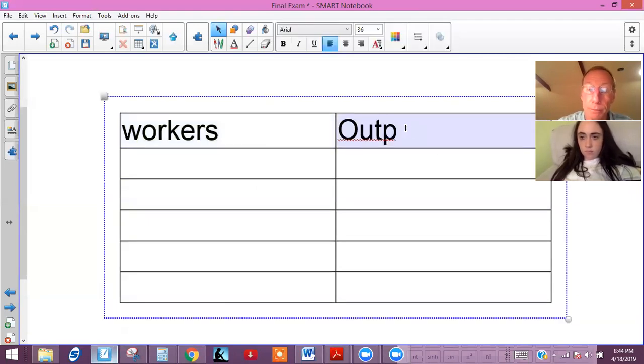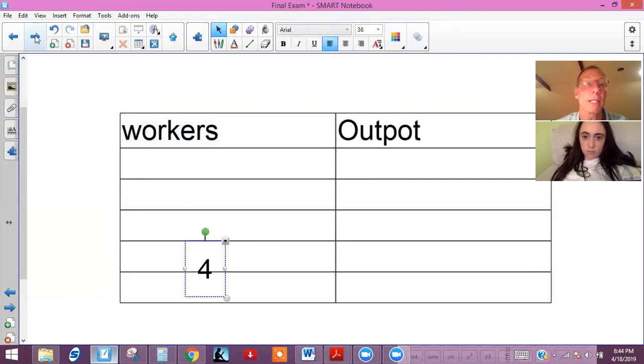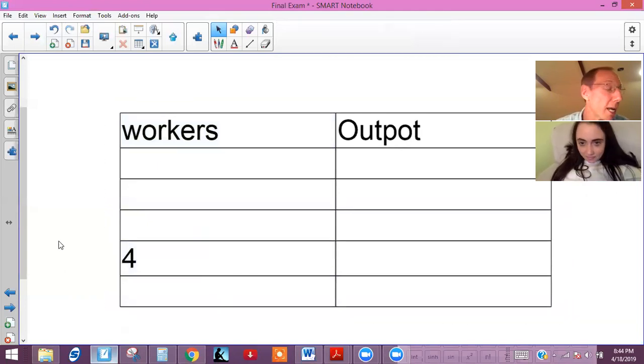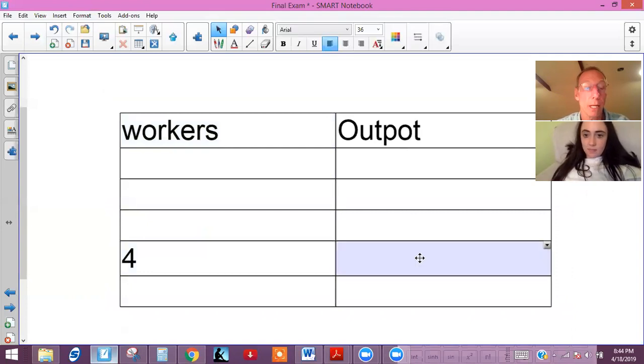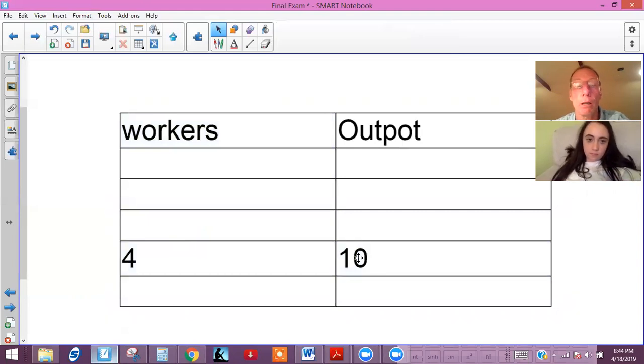So worker number 1, 2, 3, let's say worker number 4, say he has an output of 10. And these 10 widgets are selling for $2.